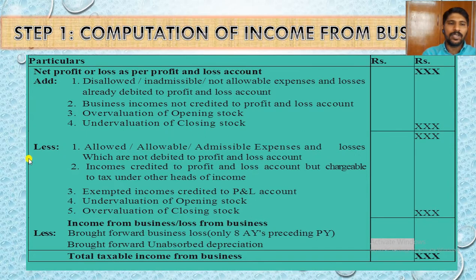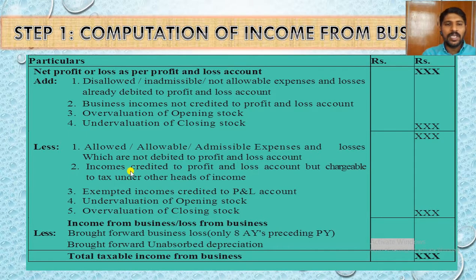Okay, next, less. The following items you have to deduct from the profit. First one, allowed or allowable or admissible expenses and losses which are not debited to profit and loss account. If any expenses are allowed as per the income tax but not debited to profit and loss account, such expenses should be deducted from the profit.